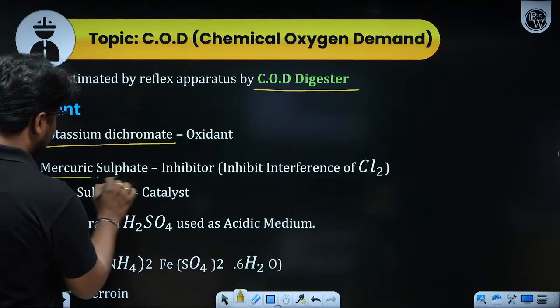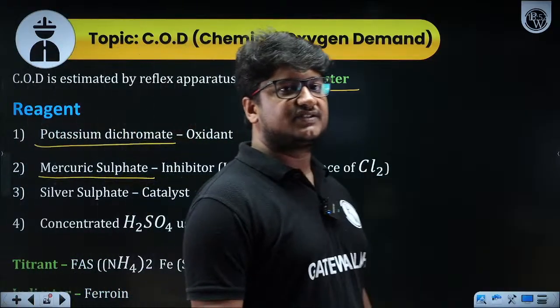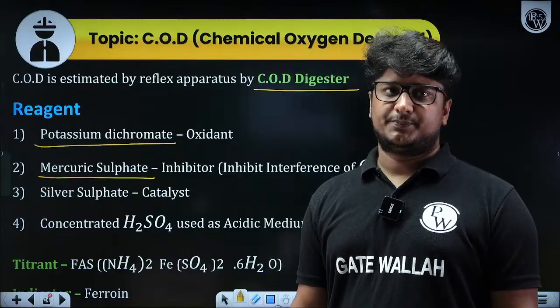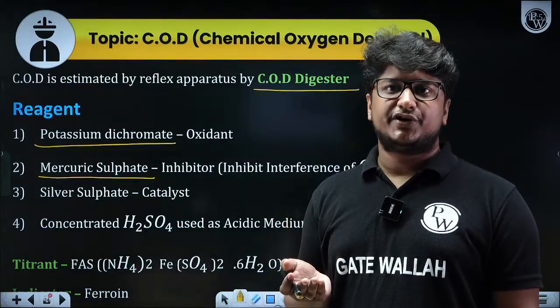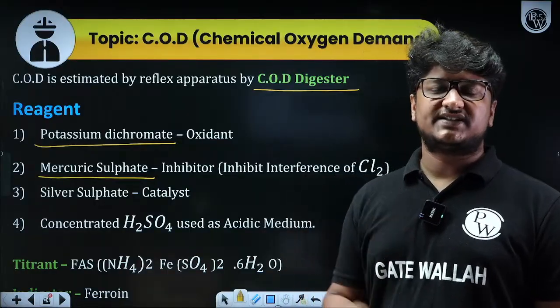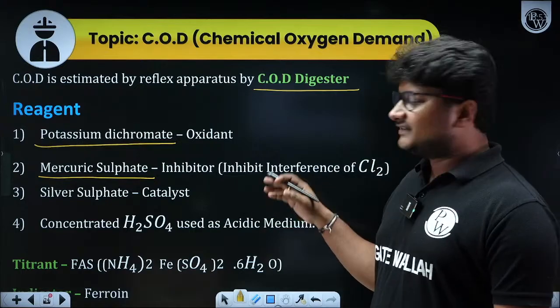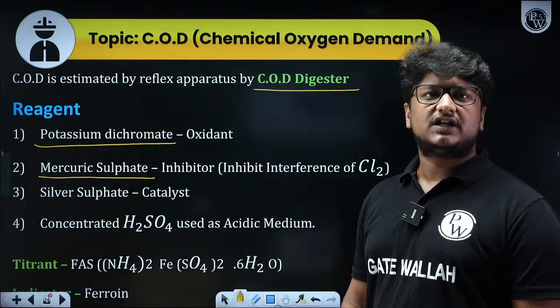Then you need mercuric sulfate. Why? Because in this wastewater sample, maybe there will be some amount of chlorine. So chlorine is also an oxidizing agent, as you already know. If this oxidizing agent is there, then however much potassium dichromate you add, it will not work in a perfect way.